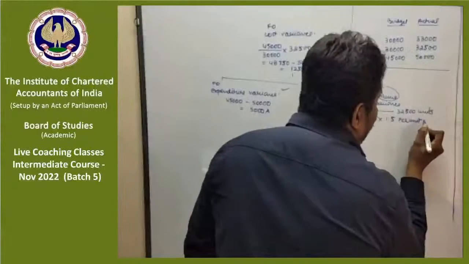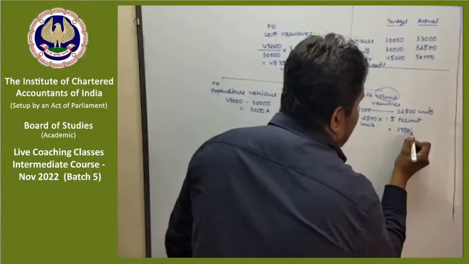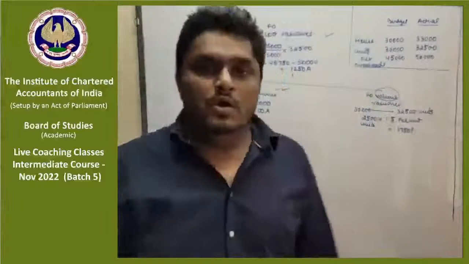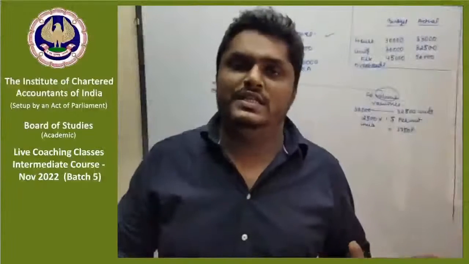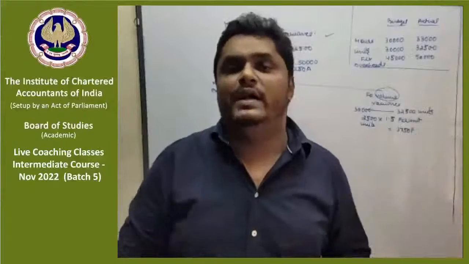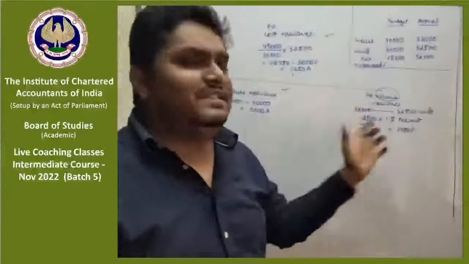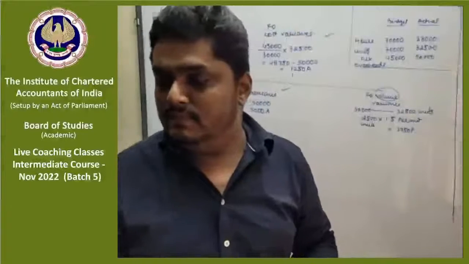So it will be 3,750 favorable. So till now, there will be no change in the calculation. We will calculate the variance in a similar way as in the previous question. The days will not impact these three variances.